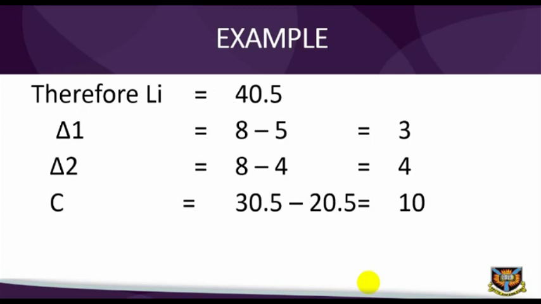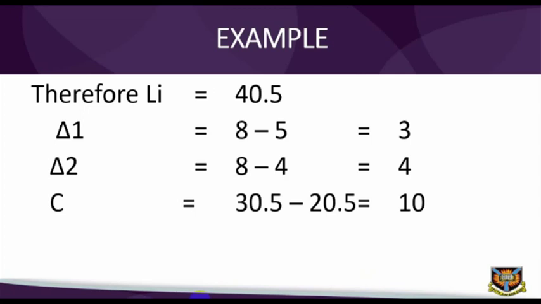Therefore, Li is equal to 40.5, see column 6. Delta 1 is equal to 8 minus 5, equal to 3. Delta 2 is equal to 8 minus 4, equal to 4. C is equal to 30.5 minus 20.5, equal to 10, see the definition of C.